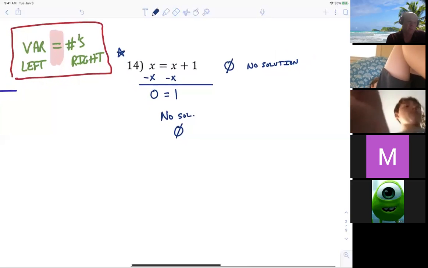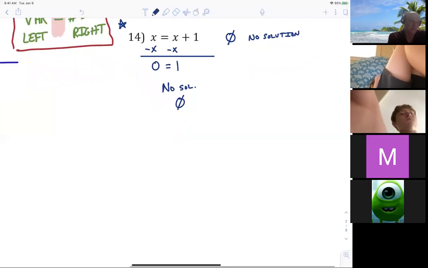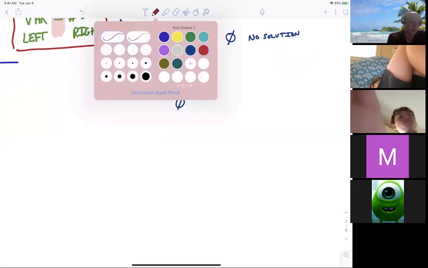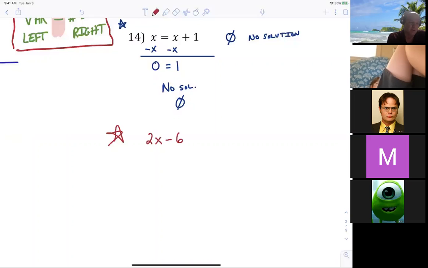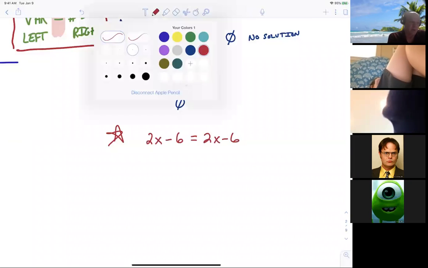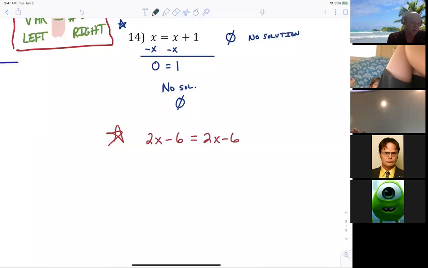Now the next one I want to talk about is I'm going to make up a problem, and I want everybody to review this. I want everybody to write down, let's say, for example, 2x minus 6 equals 2x minus 6. Well, you should be able to look at that and say, that's a little strange. When does 2x minus 6 equal 2x minus 6?